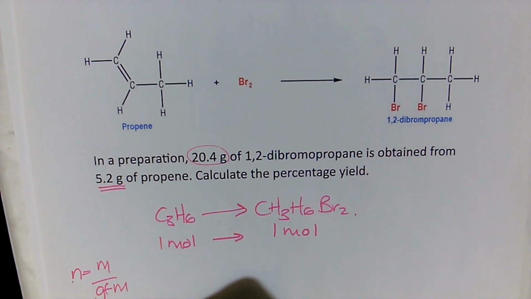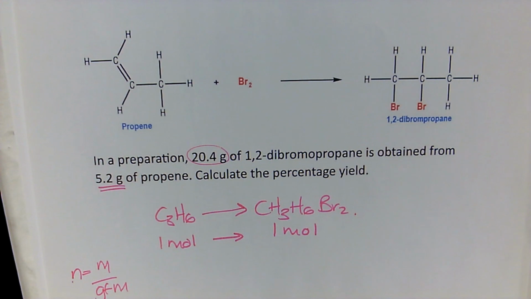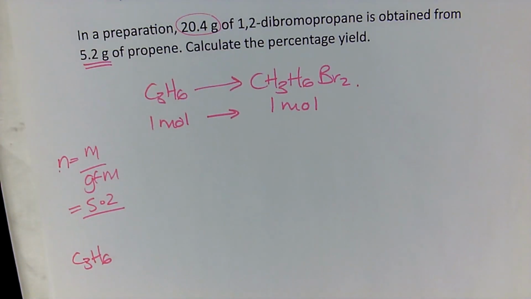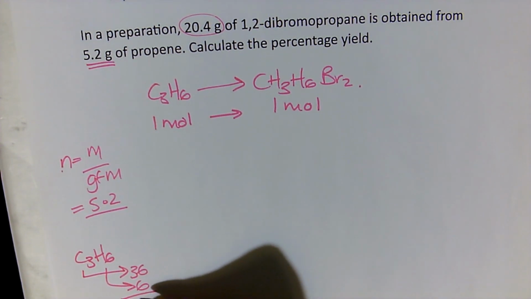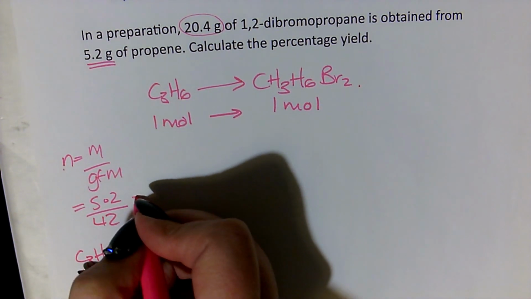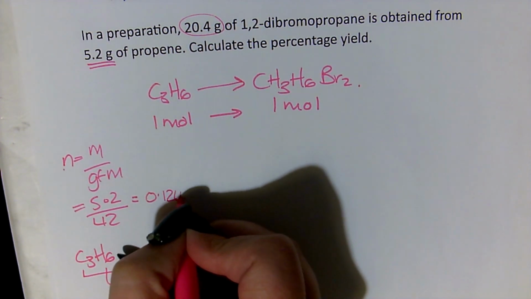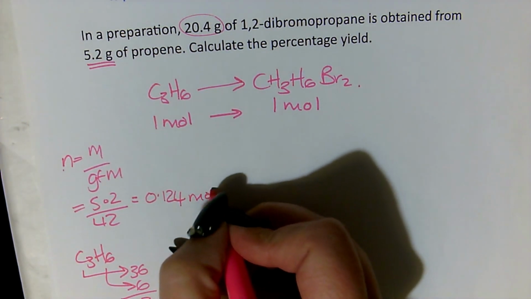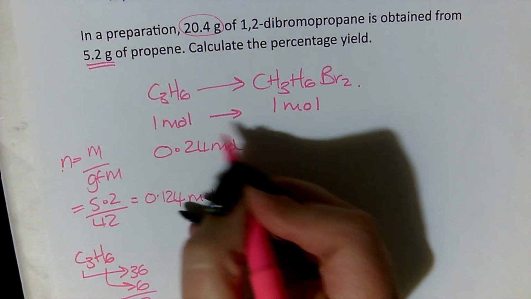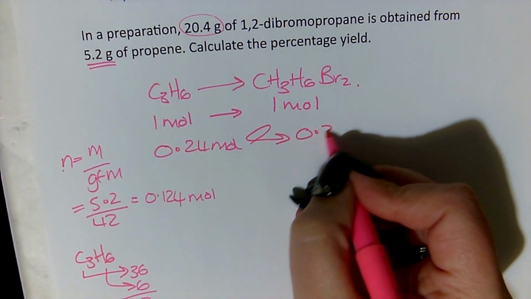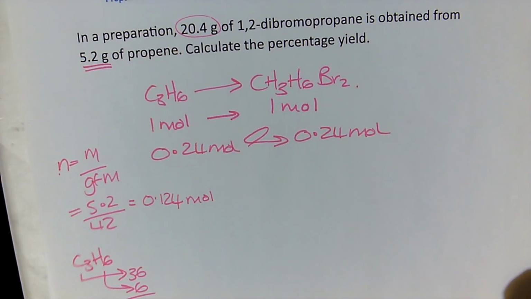So 5.2 divided by our GFM of propane, which is 42, gives you 0.124 moles. So our actual mole ratio is 0.124 moles. It's a 1-to-1, so we're going to be creating 0.124 moles of our dibromo propane as well.